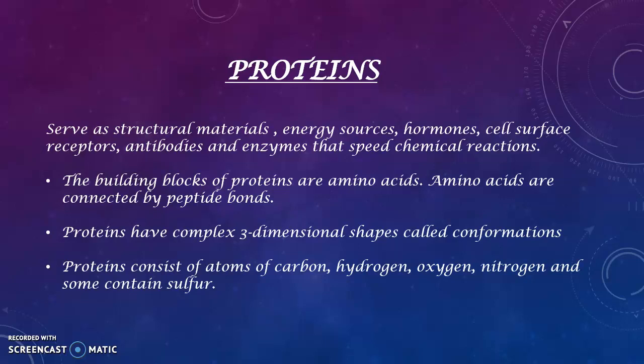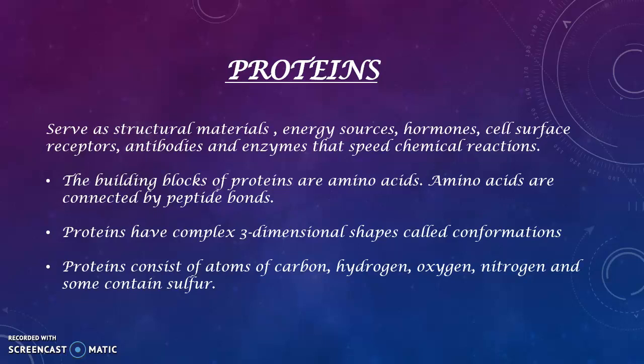The building blocks of proteins are amino acids. Amino acids are connected by peptide bonds. Proteins have complex three-dimensional shapes called conformations. Proteins also consist of atoms of carbon, hydrogen, oxygen, nitrogen, and some contain sulfur.